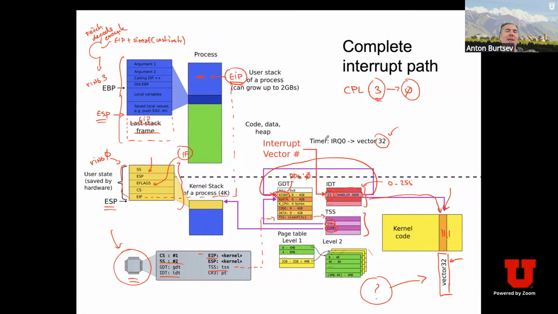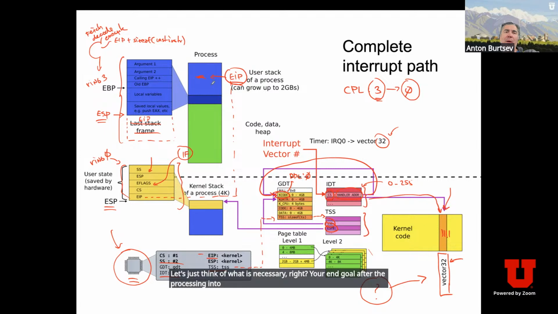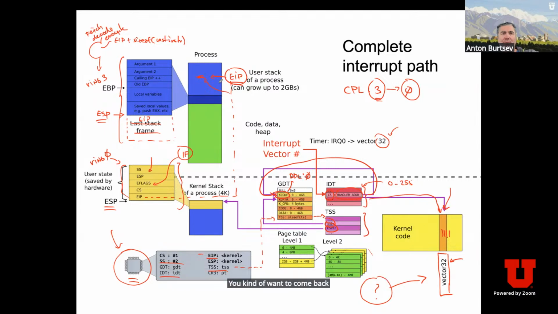Let's just think of what is necessary. Your end goal, after finishing the interrupt processing, is to come back and keep running the user process. Agree? So interrupts are kind of transparent.